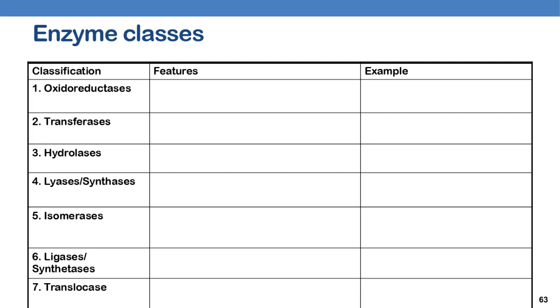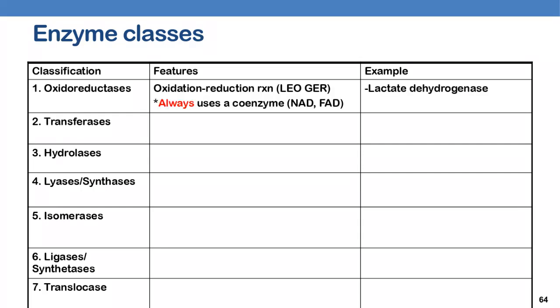All right, oxidoreductases. What are the key features of this class of enzymes? Redox reactions, yes, as the name would imply. Cool. So yeah, we're going to have redox reactions.